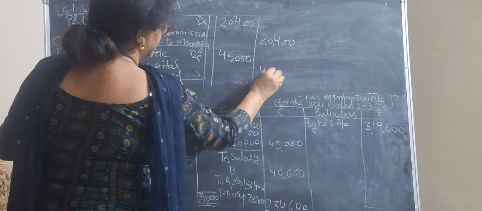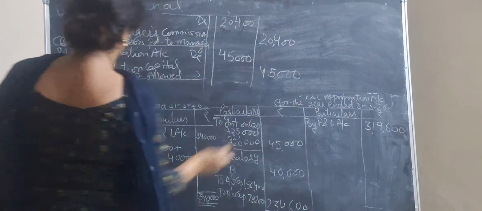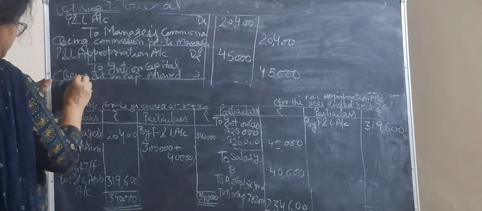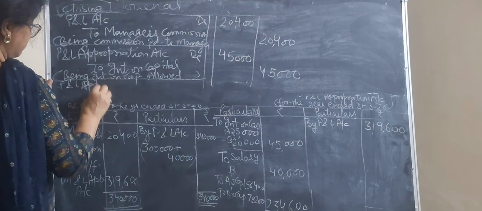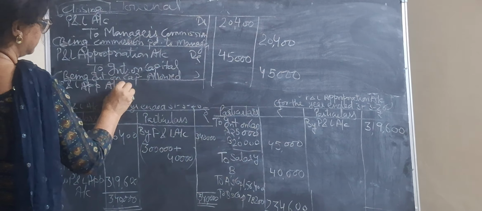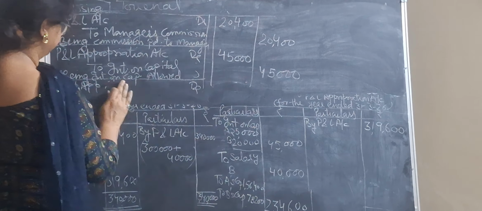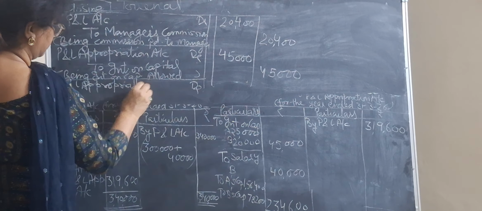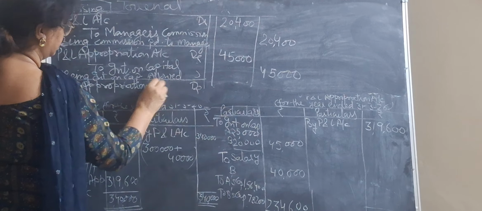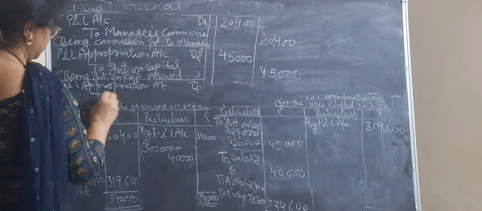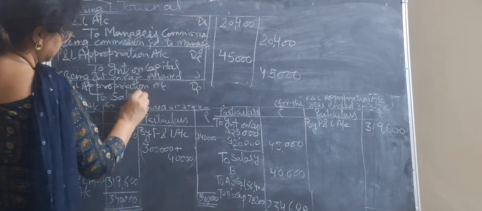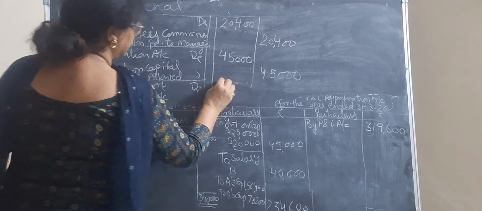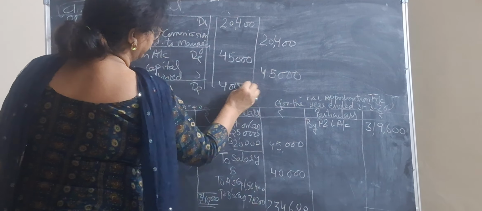And the next entry is the P&L appropriation account debited to salary account, that's rupees 40,000.